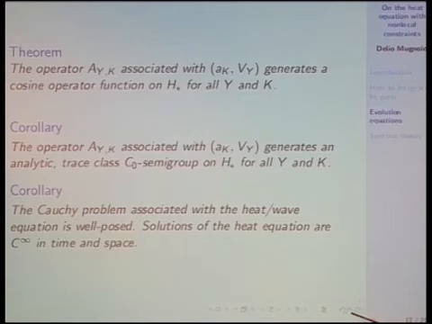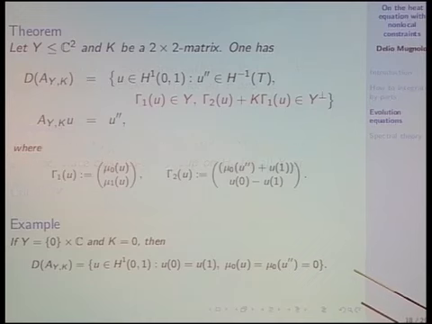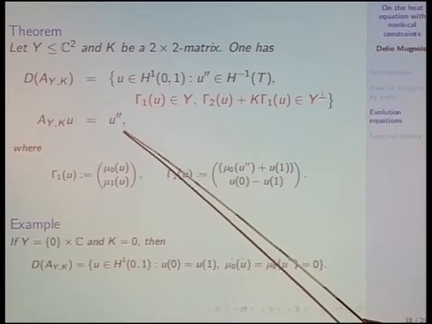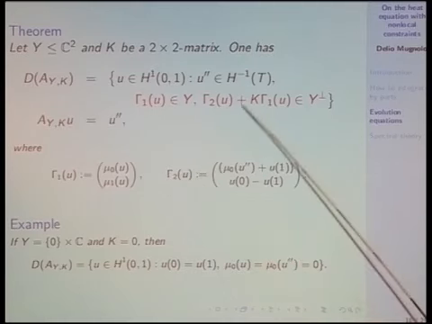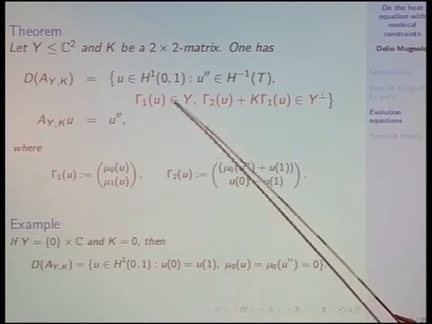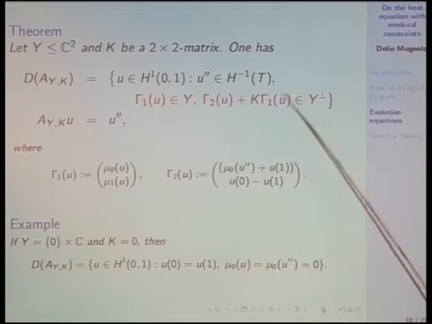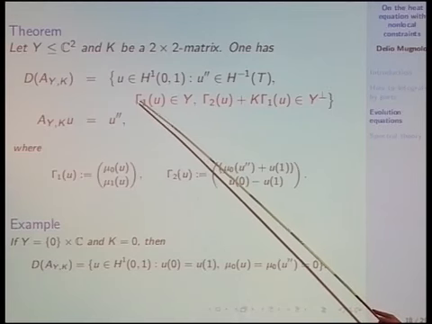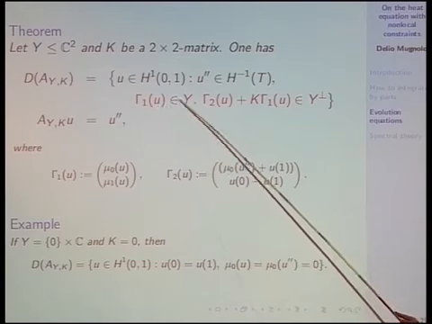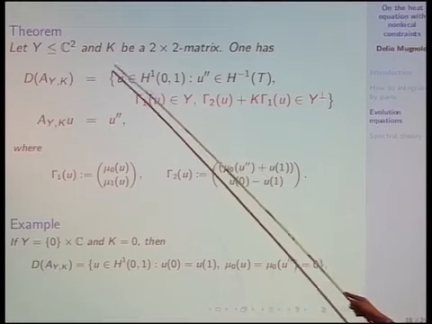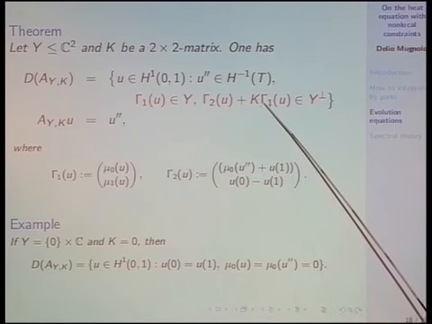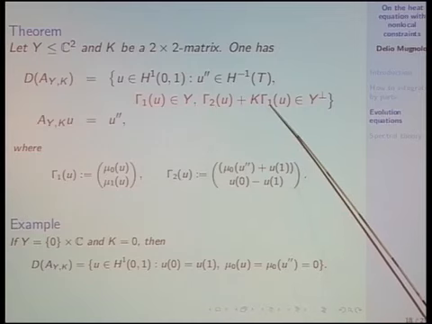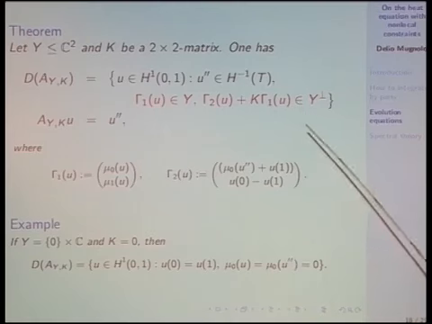But what is the operator associated with the form? So this is a theorem. This is nothing but a second derivative, as you would expect, with this kind of boundary condition. So in fact, you have two complementary boundary conditions. You impose that the moments of order 0 and 1 of u lie in a certain subspace of C2, and simultaneously that gamma 2 plus k times gamma 1 lie in the orthogonal subspace to y.